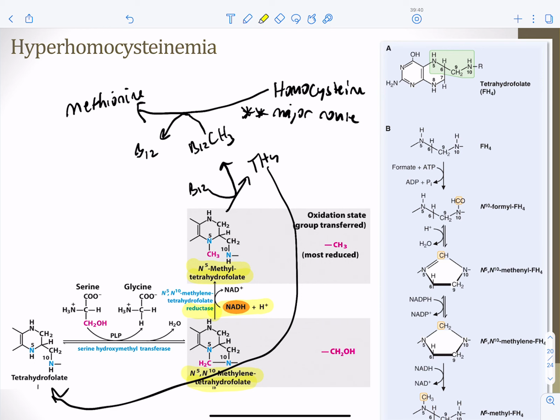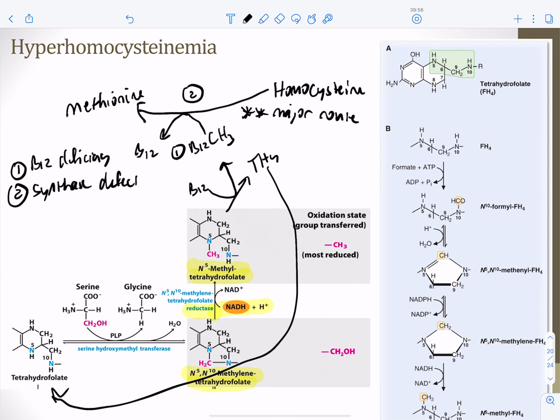So let me put some numbers here. So 1, B12 deficiency. 2, synthase defect. And 3, an inability to form your N5-methyl tetrahydrofolate from your N5-N10 methylene tetrahydrofolate because of a defect of the reductase.